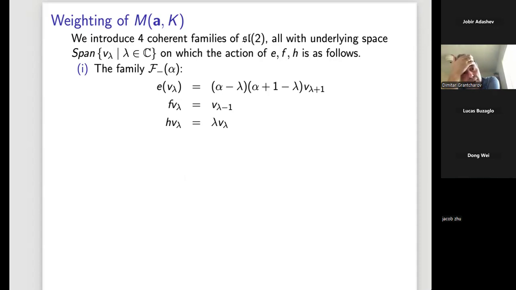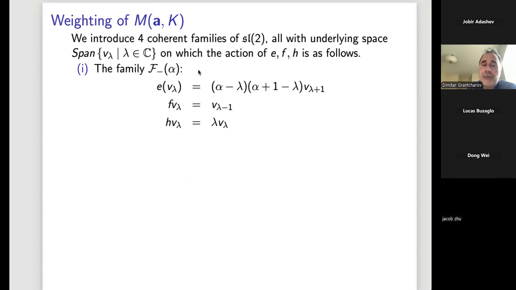This is part of our other paper. So again, we have a paper on general properties of MAK, these modules, and we have a paper on scalar UH-free modules of rank 2. So the weighting of MAK is, as I mentioned, a coherent family, and the family will be some kind of the size of this A. So it will be of rank A0 plus A plus A minus, and A0 should be with absolute value.